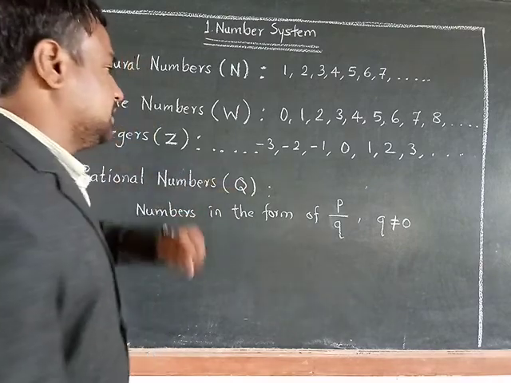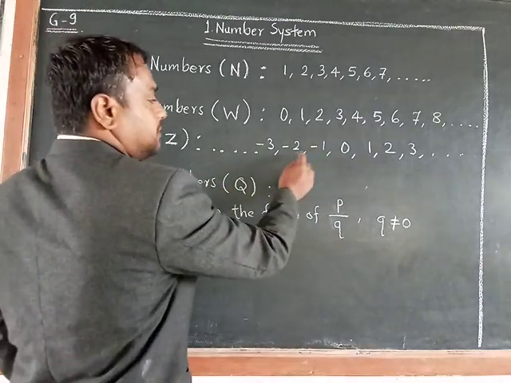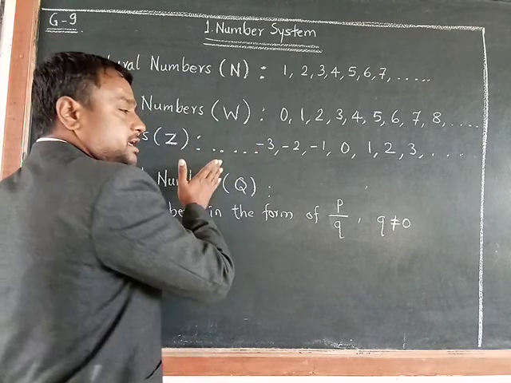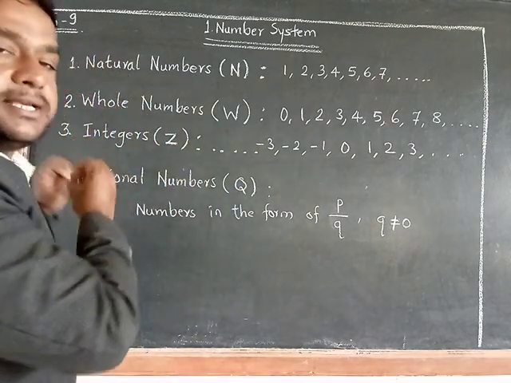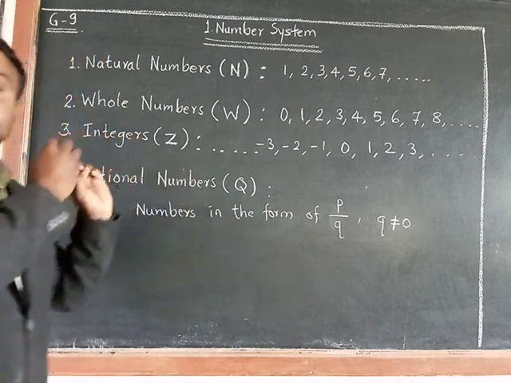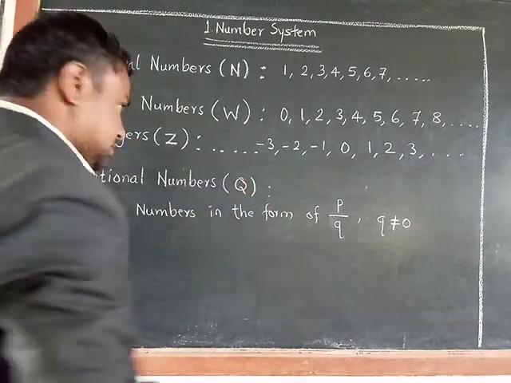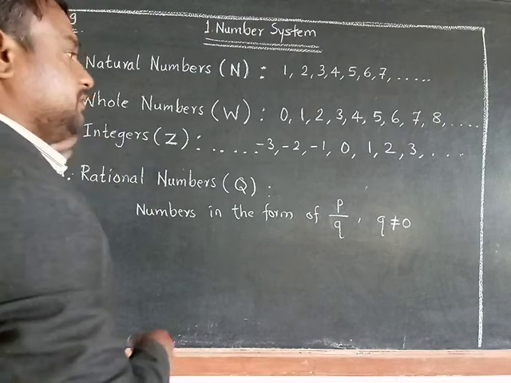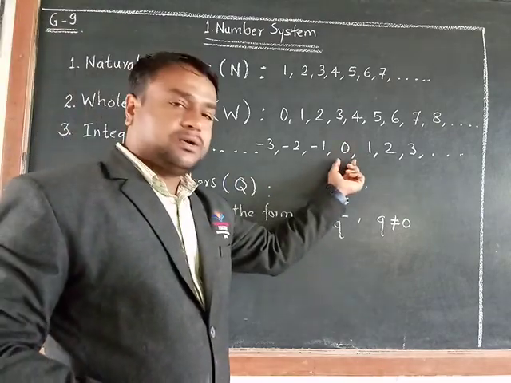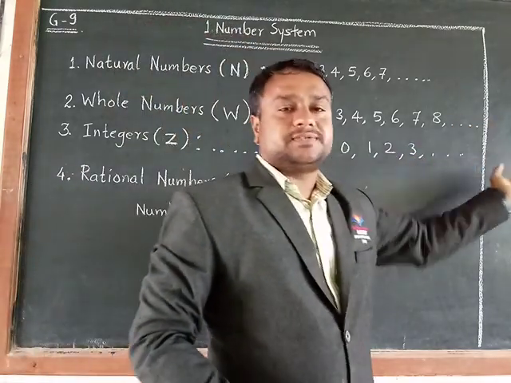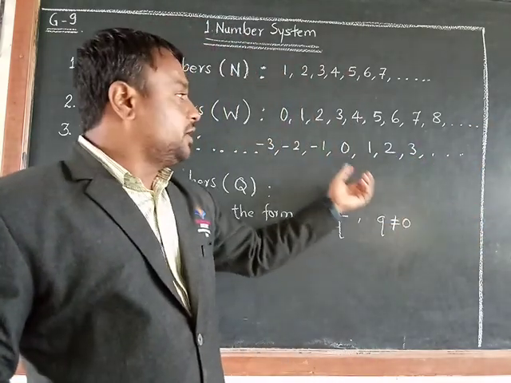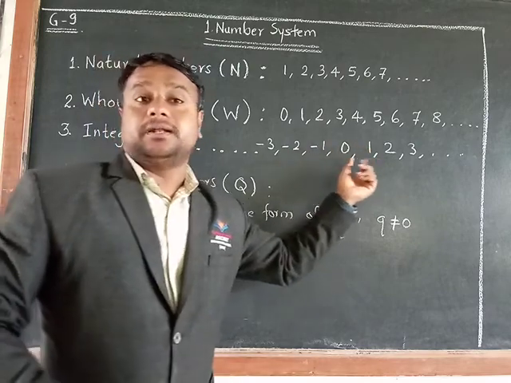You can see here minus 1, minus 2, minus 3, minus 4, minus 5, minus 6, minus 20, minus 10,000, minus 1 lakh. You can go further and further. Again 0 and plus 1, plus 2, plus 3, plus 4, plus 5, which you have already seen on a number line.